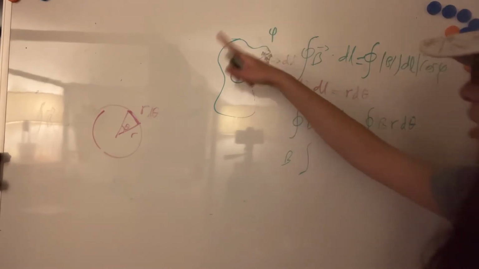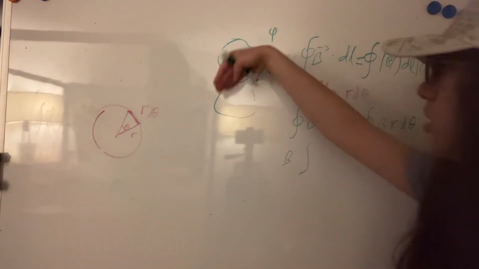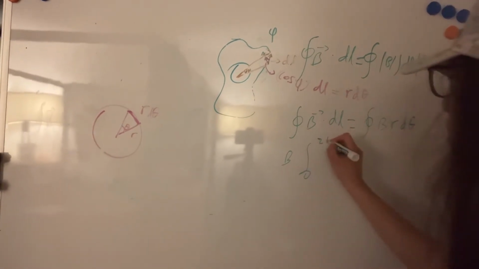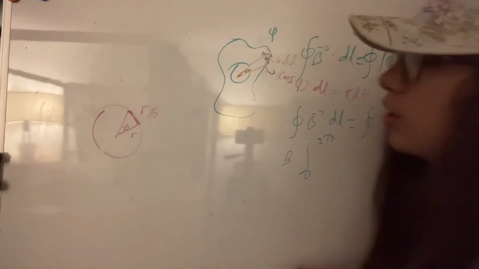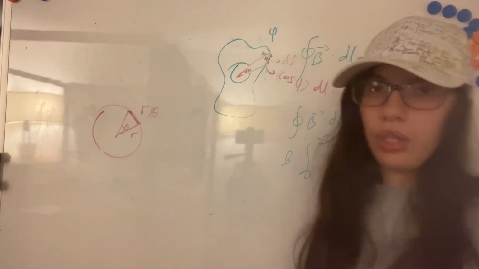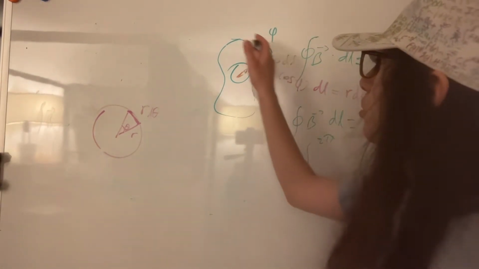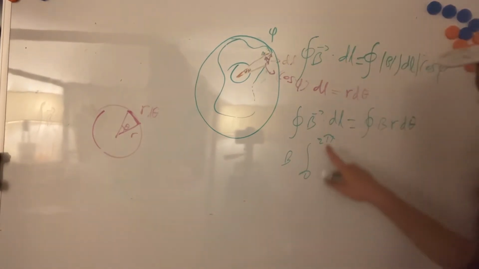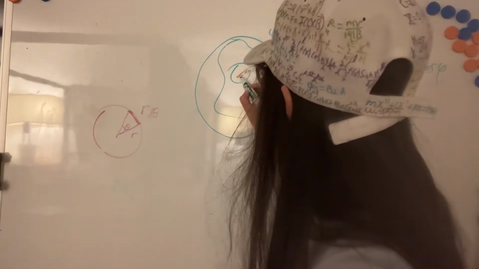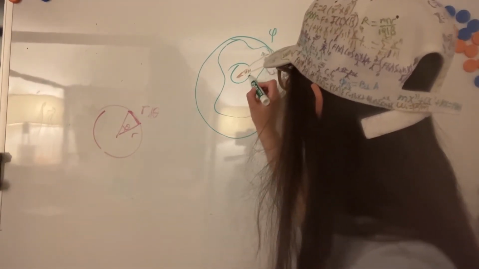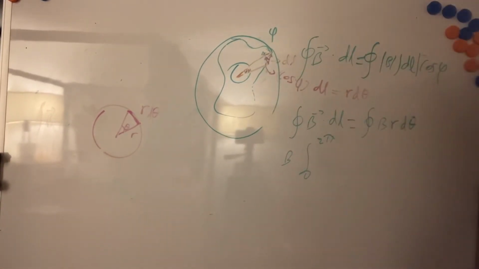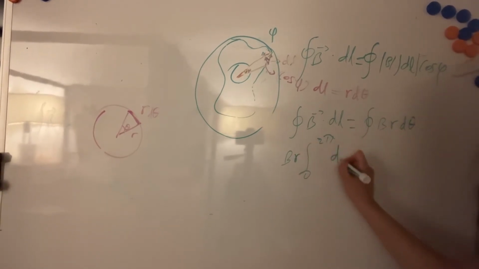If you do it like this, it would actually be from 0 to 2 pi, because remember that it doesn't matter what attached surface we pick, we can take also this surface. So we go from 0 to 2 pi. We're taking all this integral, and we are not talking about the radius, so from 0 to 2 pi of r d theta.